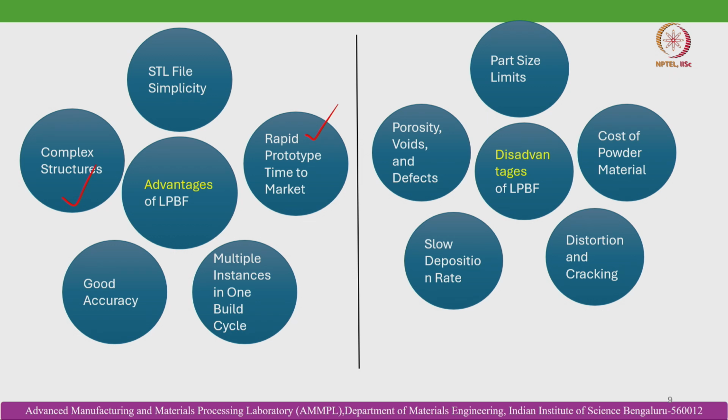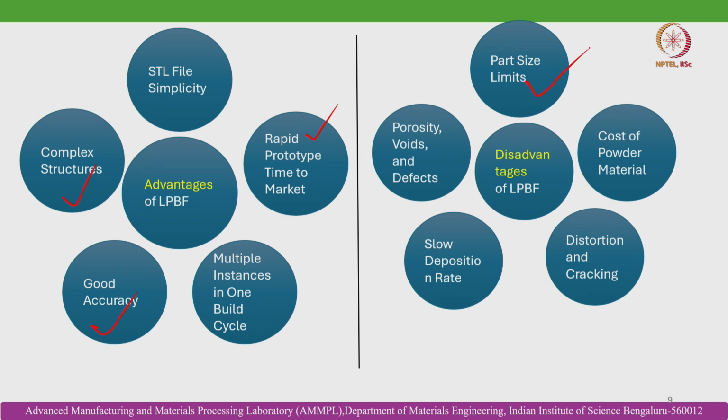So, directly from powder state you can get the 3D solidified object made. That also decreases the lead time needed from concept to the market stage. So that is also a key advantage, and then other advantages are good accuracy. That is why complex structures can be manufactured by laser powder bed fusion, and another is multiple instances in one build cycle. So, these are the advantages, and what are the disadvantages?